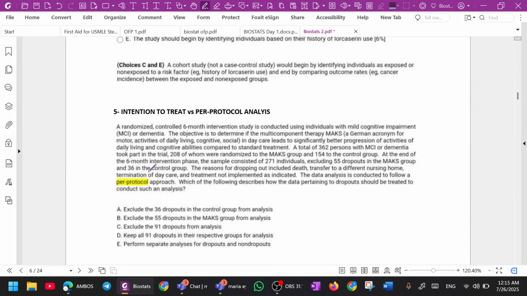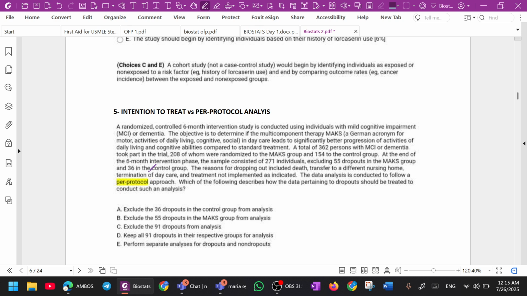A randomized controlled trial, a 6-month intervention study, is conducted using individuals with mild cognitive impairment or dementia. The objective is to determine whether the multi-component therapy MAX, a German acronym for motor, activities of daily living, cognitive, social in daycare, leads to significantly better progression of the activities of daily living and cognitive ability compared to the standard treatment.